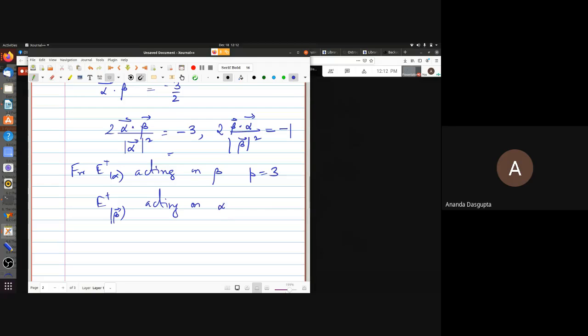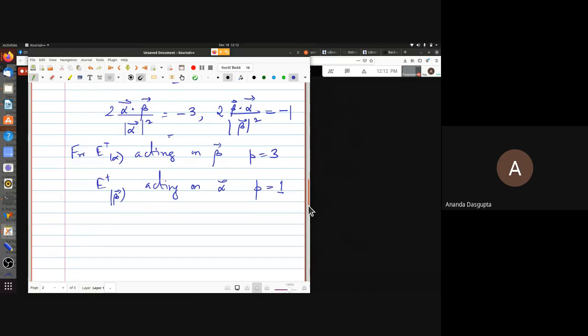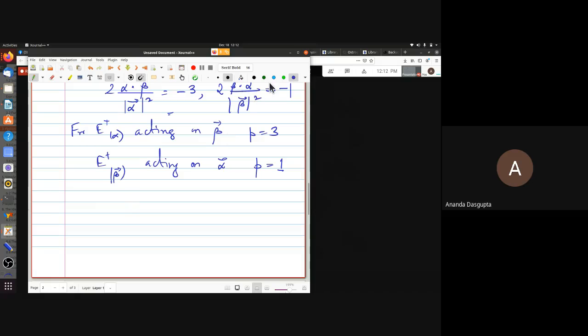For E plus beta, that is the SU(2) algebra generated by beta and minus beta, acting on alpha, I will either put the arrow or not depending on my whim, but you know that I'm referring to the same thing. P is 1. So if you just think of things at this level, alpha plus beta is a root, 2 alpha plus beta is a root, 3 alpha plus beta is a root, right?